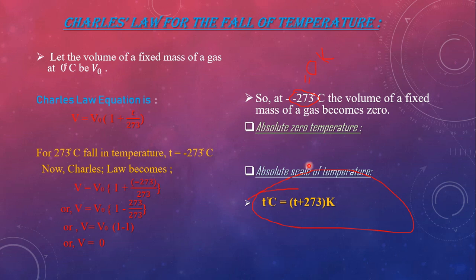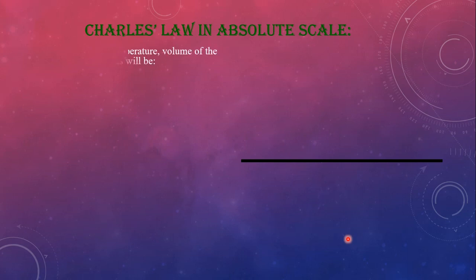Now we will use this relation to derive Charles' law in terms of the absolute scale, the Kelvin scale of temperature. Until now, in Charles' law, the small t is always degree Celsius. Remember, when you deal with the gases chapter, small t means degree Celsius and capital T means Kelvin or absolute scale of temperature. Now we will see Charles' law in the absolute scale.